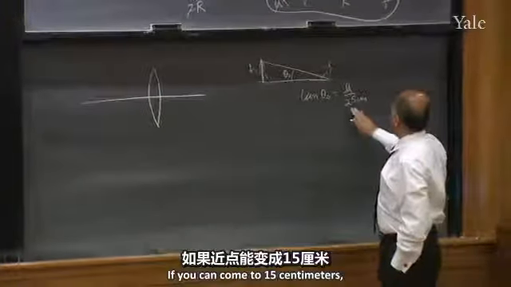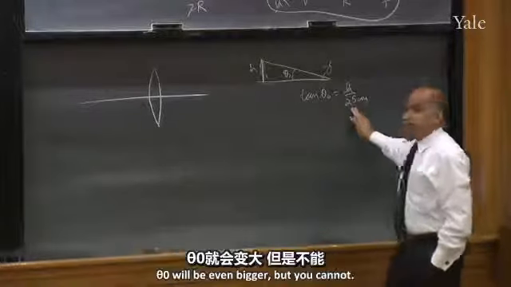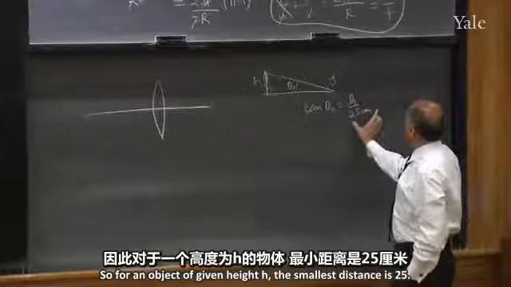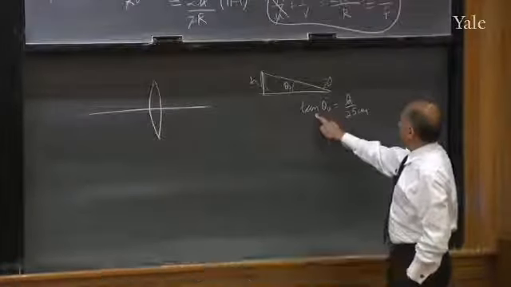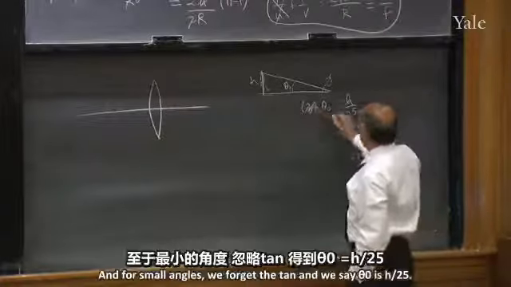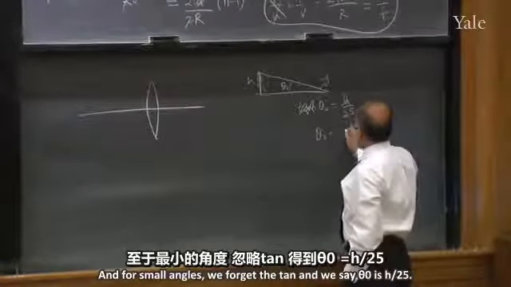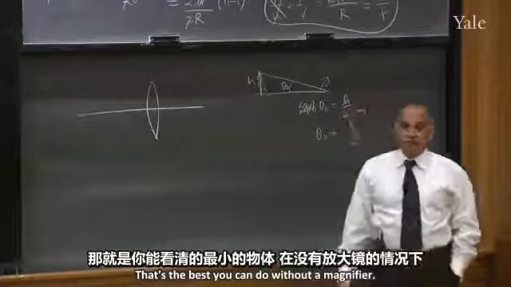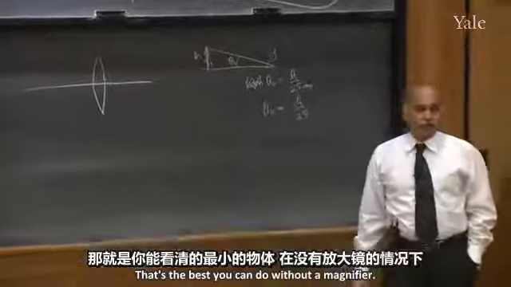If you can come to 15 centimeters, theta naught will be even bigger, but you cannot. So for an object of given height h, the smallest distance is 25, the biggest angle is tan theta equals h over 25, and for small angles, we forget the tan, and we say theta naught is h over 25. That's the best you can do without a magnifier.